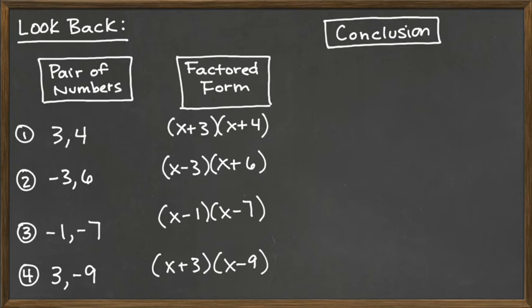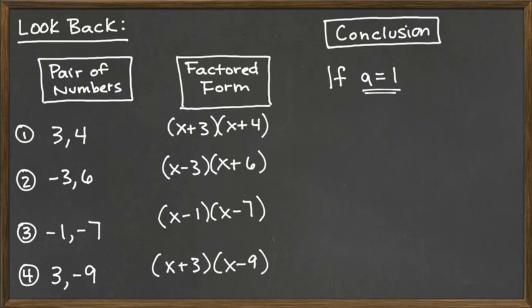So here in our conclusion, I'm going to list that very important piece of information at the very beginning: if a is equal to 1. Now this is super critical. All 4 of these examples had leading coefficient a equal to 1.